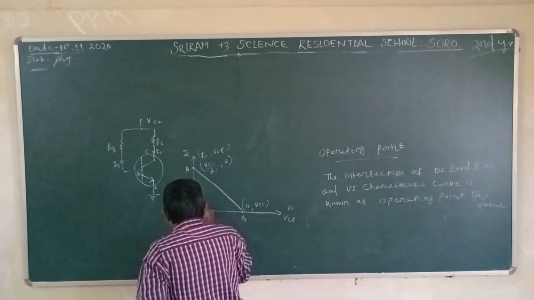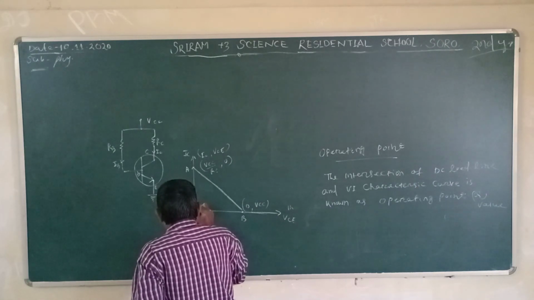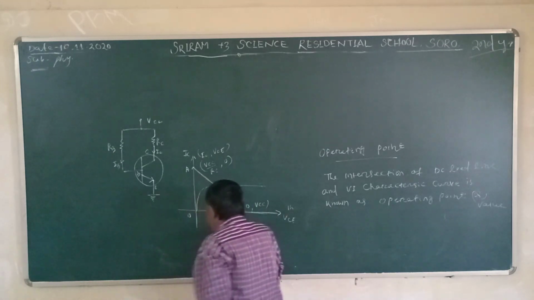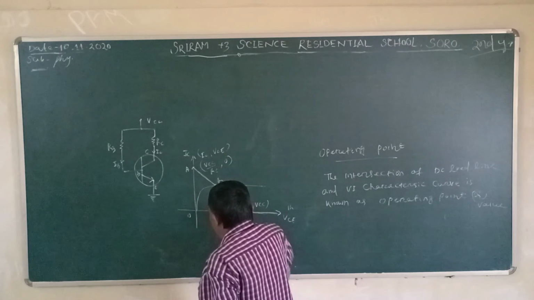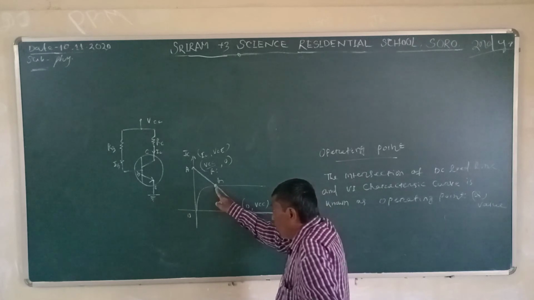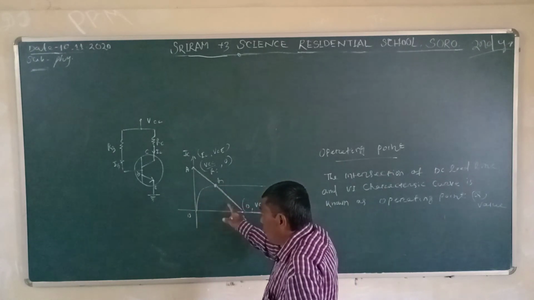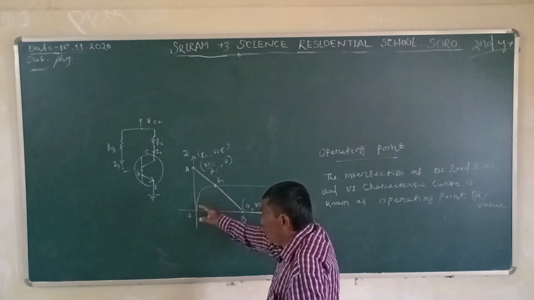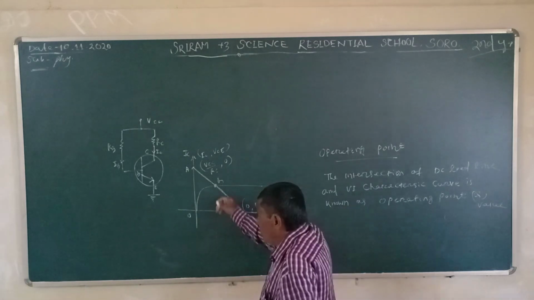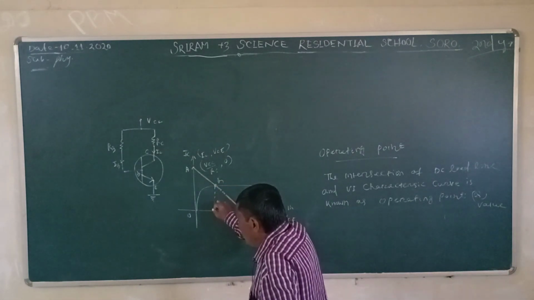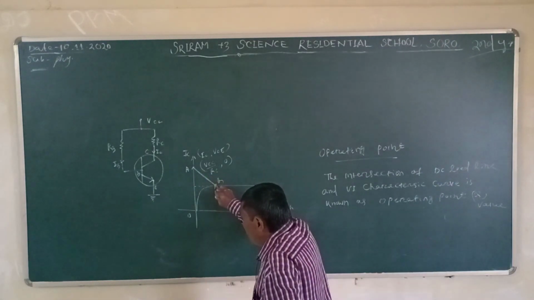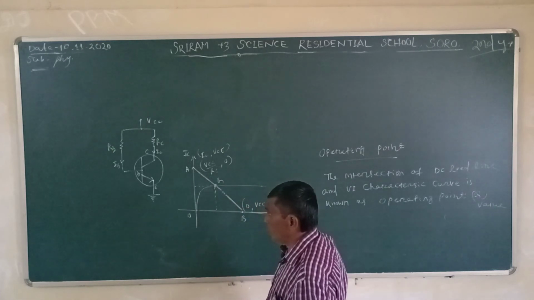Now we draw the characteristics curve. Now this is the characteristics curve, and this point is the Q point. We define the Q point, or operating point, as the intersection of the DC load line and the output VI characteristics curve of a transistor. This is the active region, or operating point, also called the Q point.